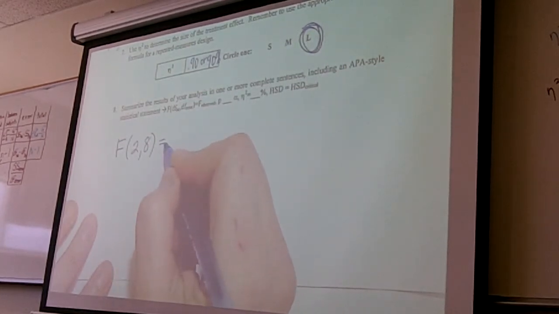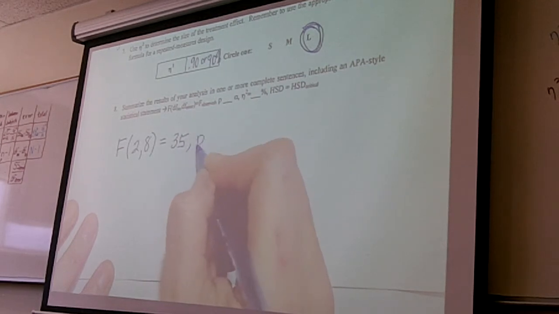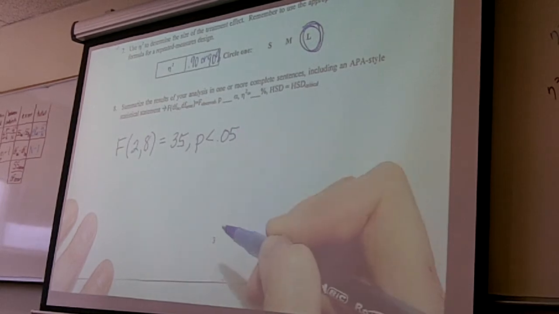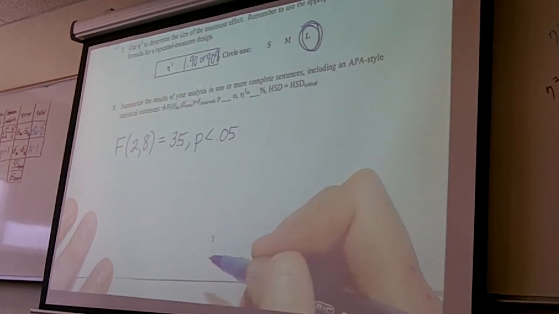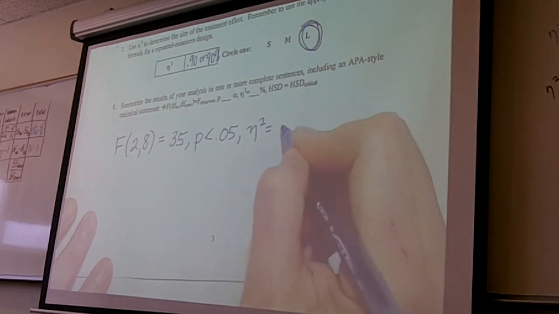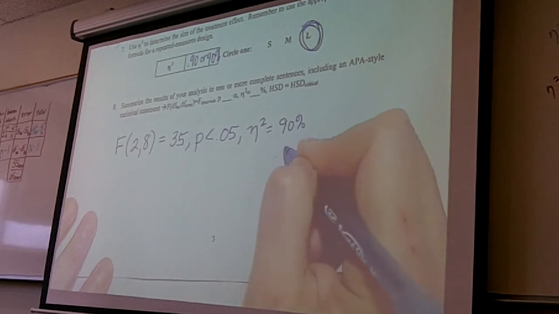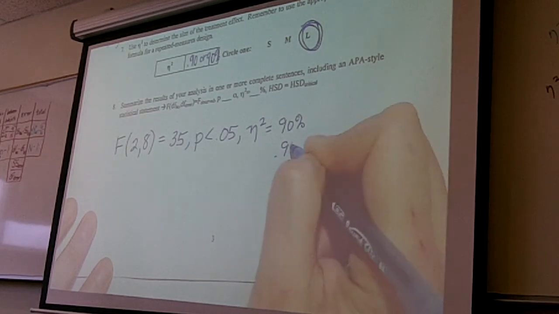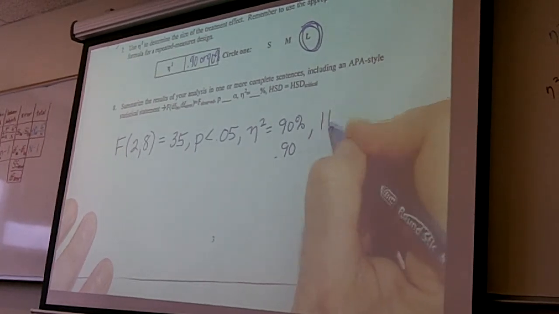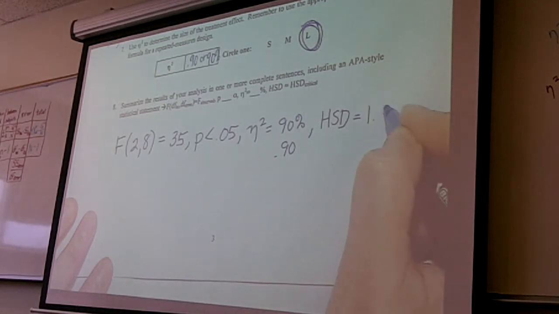Then we're going to put our F observed, which was 35. P is less than 0.05 because we had a statistically significant difference in our F test. Then our eta squared was 90% or 0.90, either one. And our HSD critical value was 1.82.